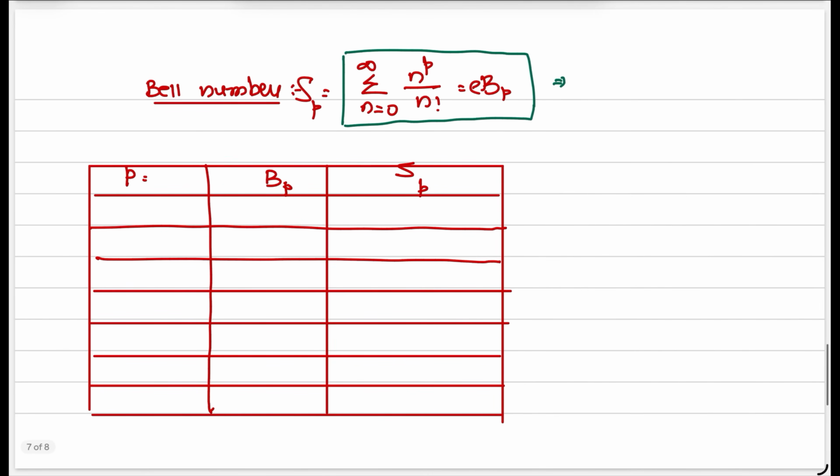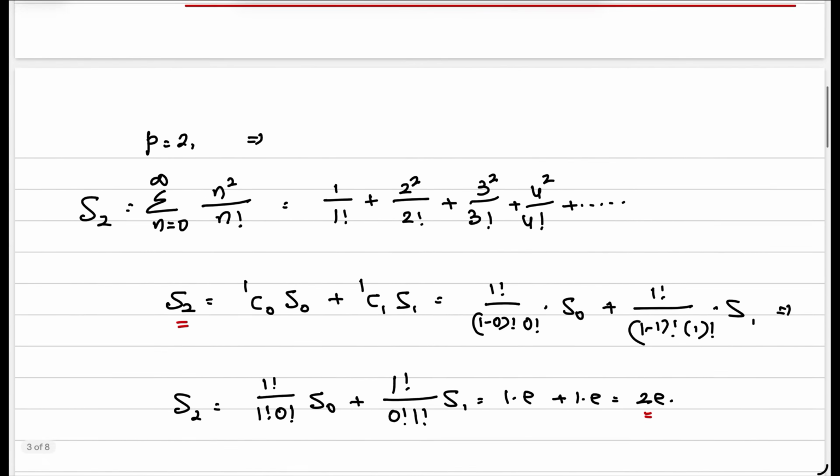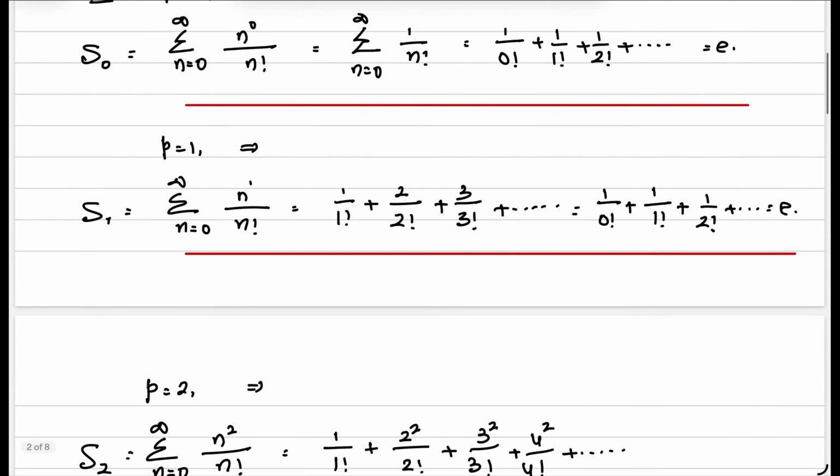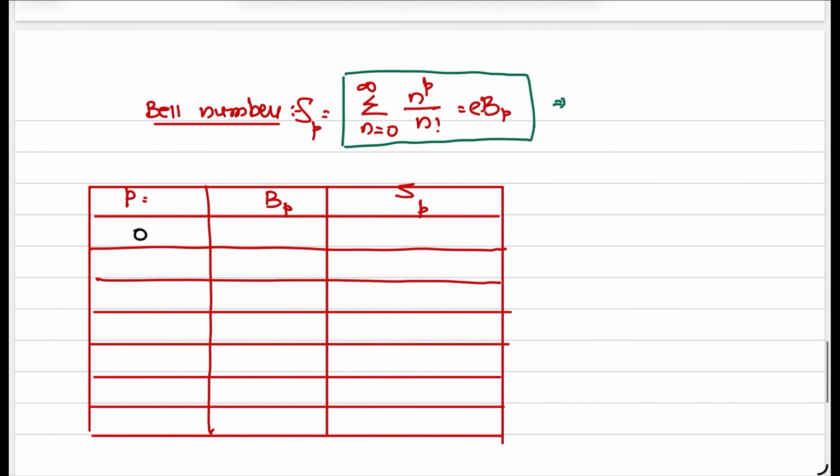Now, if P is equal to 0, what is the value we have got? S0 is equal to 1 into e. That means the Bell number is 1. For P equal to 1, the Bell number is 1 and the value of the summation series is e.